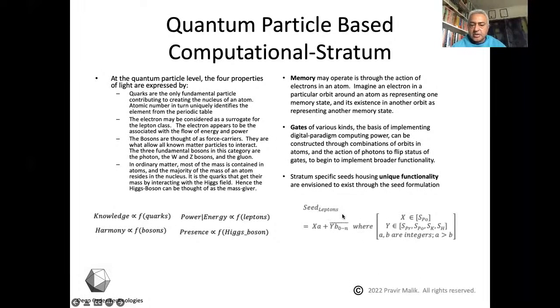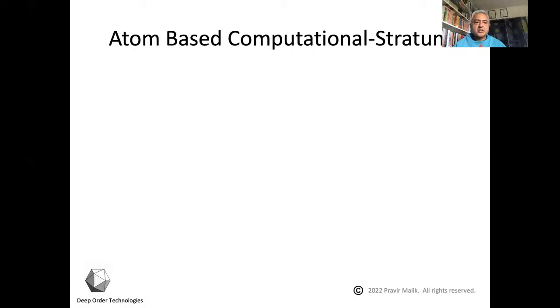But if we think about just seeds related to leptons, then using the same primary formula of X being the more heavily weighted state and Y that can occur many times as a less weighted state, with X deriving from the set of power, which is related to leptons, and Y deriving from elements from any of the other sets, then we have the basis of a large unique functionality that can also be created. And therefore, this layer also becomes a computational stratum.